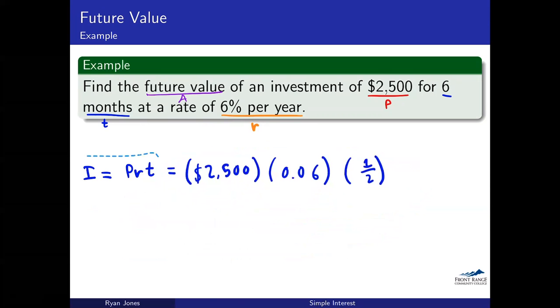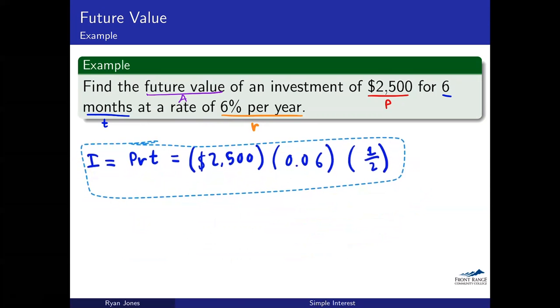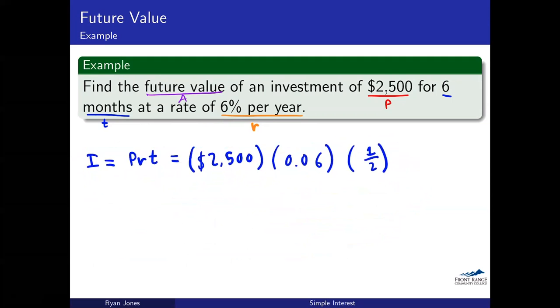Now, let me be clear. If I gave you an interest rate here that was not per year, that would change what the units of this time needed to be. So if I gave you an interest rate that's per month, for example, on a credit card, most credit cards will state their interest rate as something like 2% per month. This time needs to be in months. Basically, the units of this time need to match the units of the interest rate.